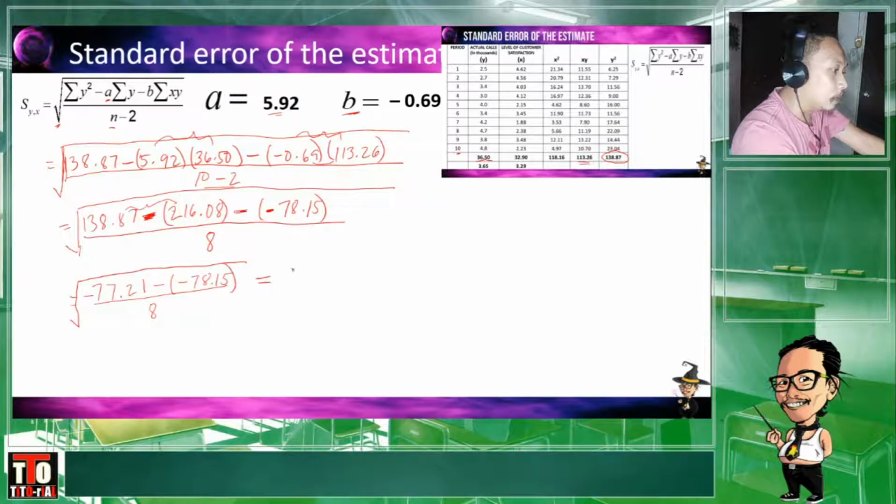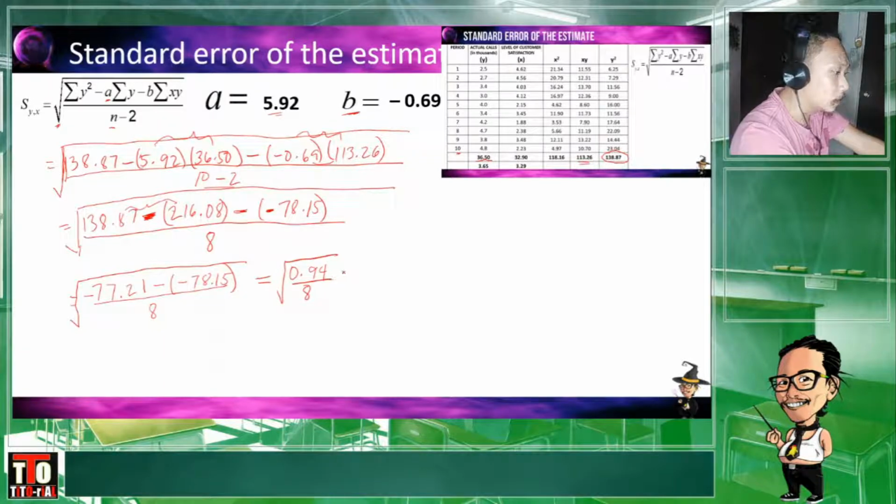So, we will have a value of a positive 0.94 divided by 8. So, again, yung square root side.